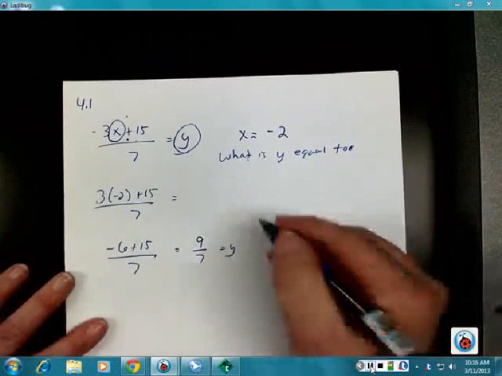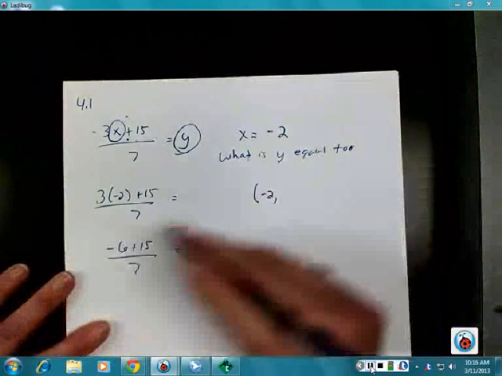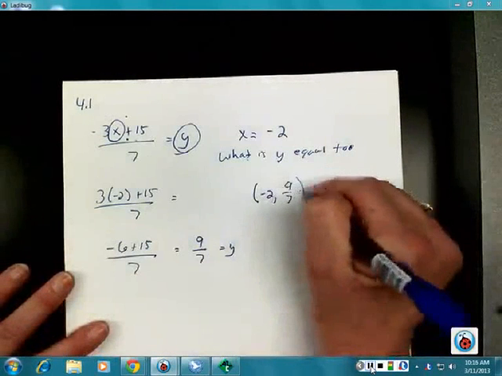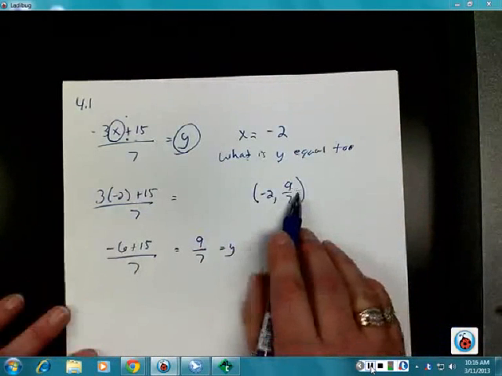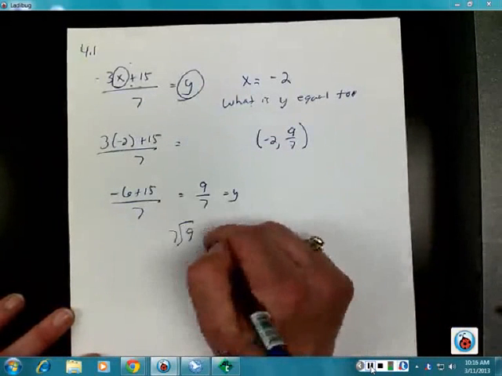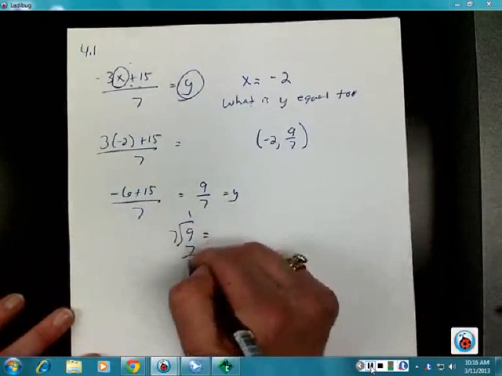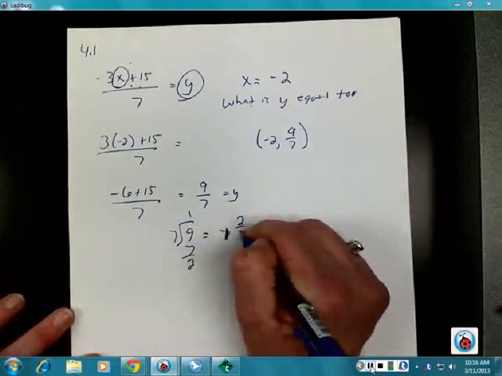So what would this mean if I plotted this? I would plot a negative 2 on x, and then I would plot 9/7. Well, can I plot 9/7? 9/7 kind of sounds strange. But if I turn it to a mixed number, 9 divided by 7, I find out that I have 1 and 2/7.